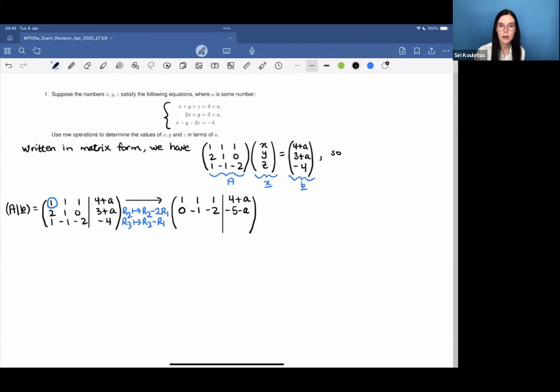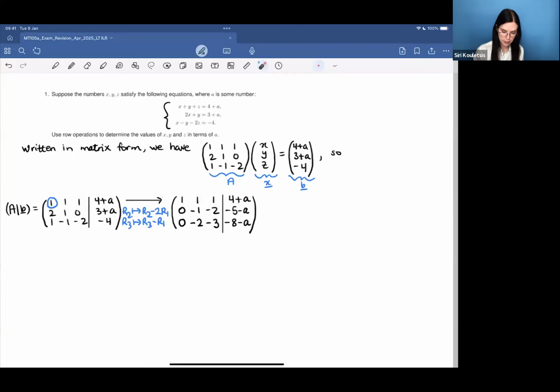Moving on to row 3, we are deducting row 1 from row 3, which gives us the following result. Then minus 4 minus, and then remember brackets around the 4 plus a, so we're going to get minus 8 minus a.